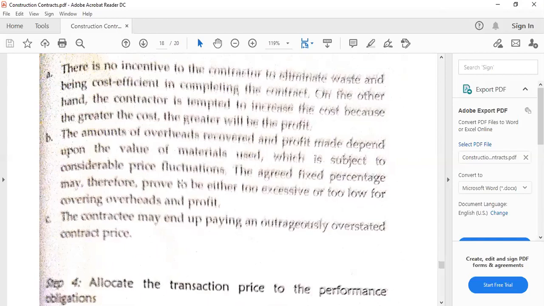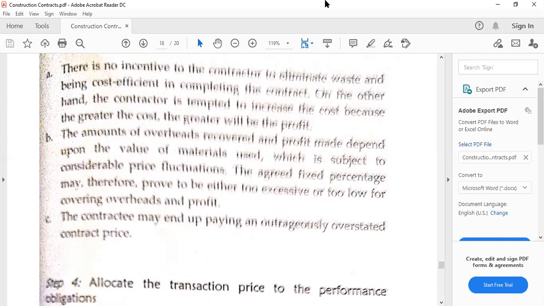So this can also be the cost, that there would be variabilities of the transaction prices along the way. Remember, materials could have price fluctuations or changes along the way. In this case, the fixed percentage may result in a transaction price that is bloated, too excessive, or too low for covering overheads and profit.